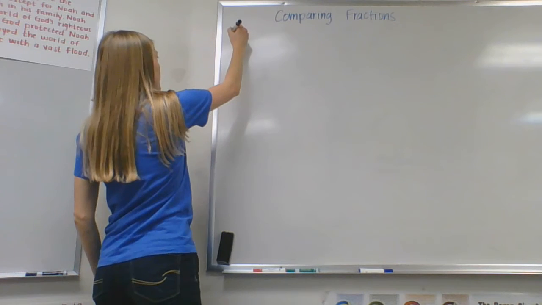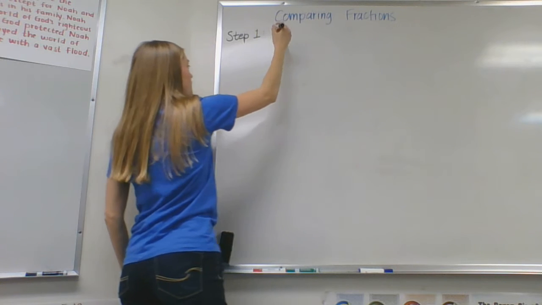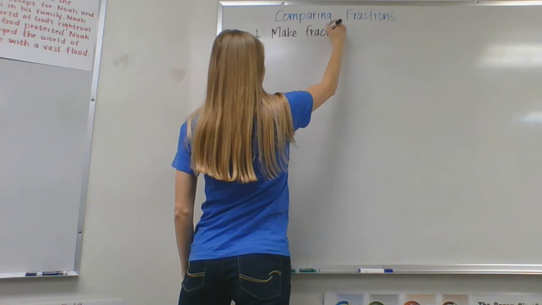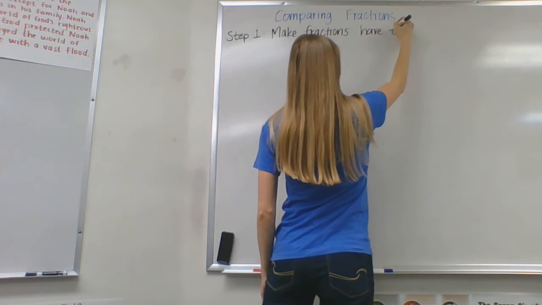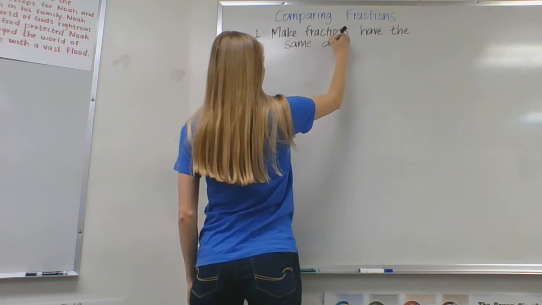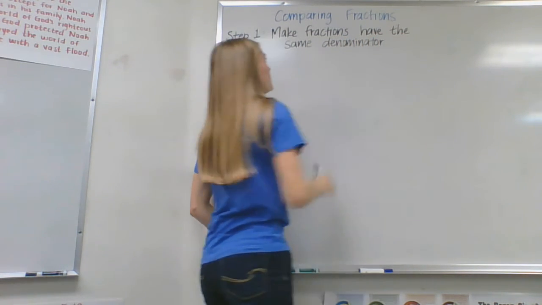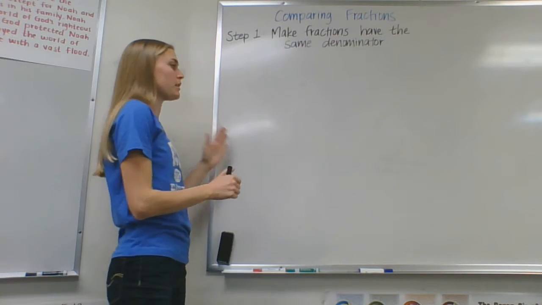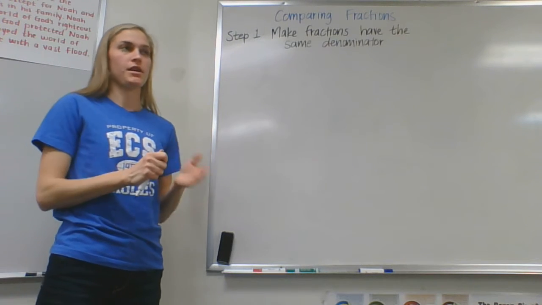So, step one, make fractions have the same denominator. What's happening when you make the fractions have the same denominator is you are putting them in terms that they would both have the same amount of pieces, so then it's easier to compare.